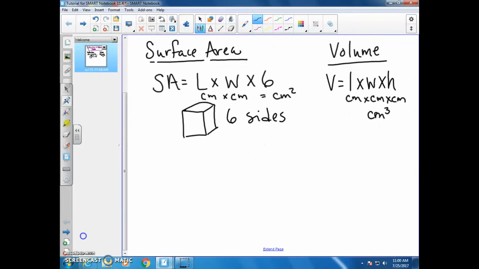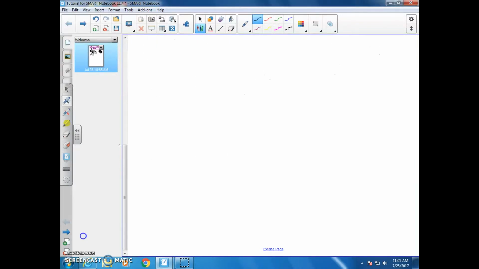Now, we're going to put it all together and look at what you would do for a surface area to volume ratio. So let's say that we have a cube, and with our cube, we have sides of 3, 3, and 3.